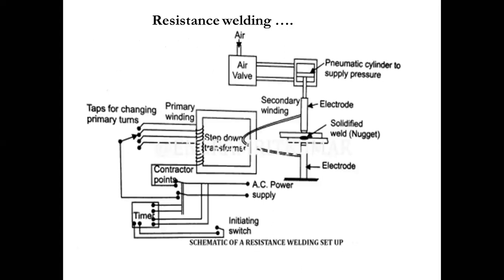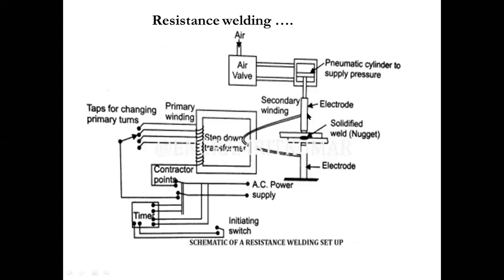So this is the equipment setup. We had seen this in the lab, right? These are the two electrodes. You were using a copper electrode there, and there is a pneumatic cylinder, a pneumatic system, here. In our college we do not have a pneumatic system, just a lever mechanism, right? A rocker arm lever mechanism was there in our college.